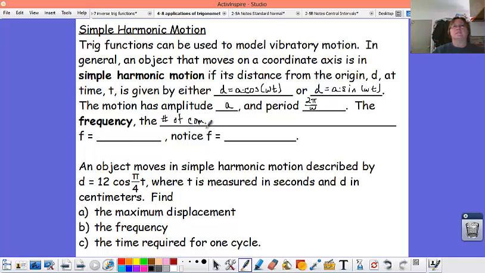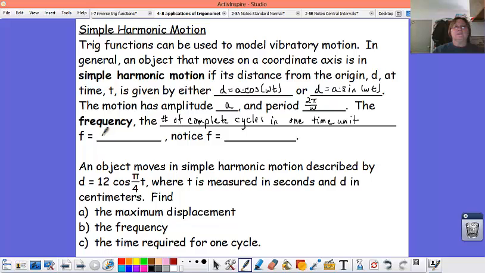of complete cycles in one time unit. Frequency is the number of complete cycles in one time unit.